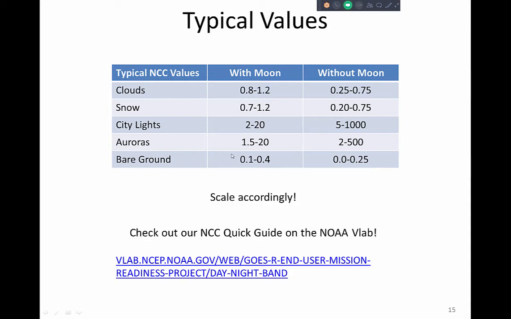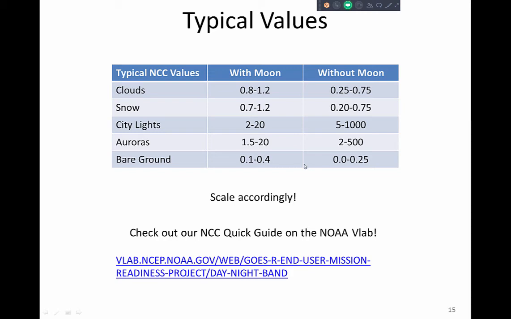And bare ground is much easier to distinguish from water when there is moonlight, because you'll have reflectance values that are around 0.25 or 0.3 or so. But when the moon goes away, bare ground is generally within the noise of the NCC product, and it'll look very speckled.